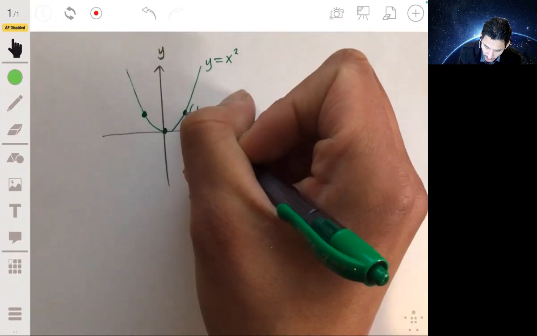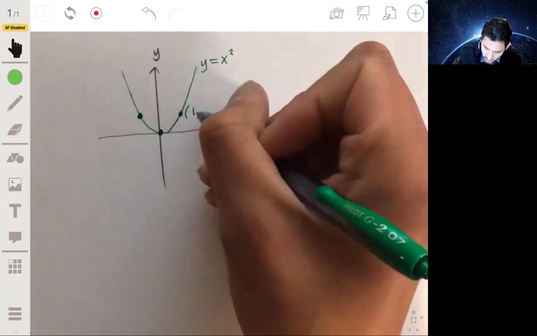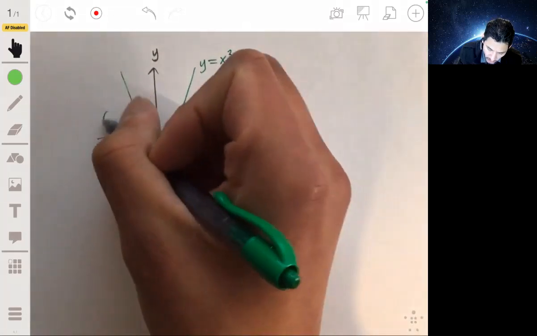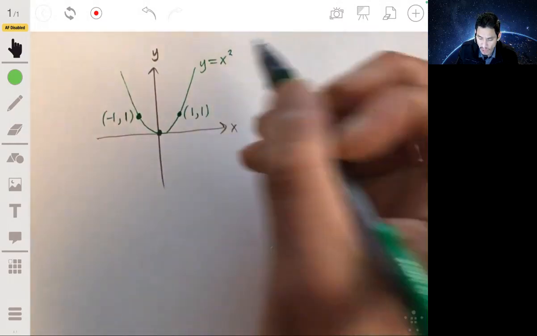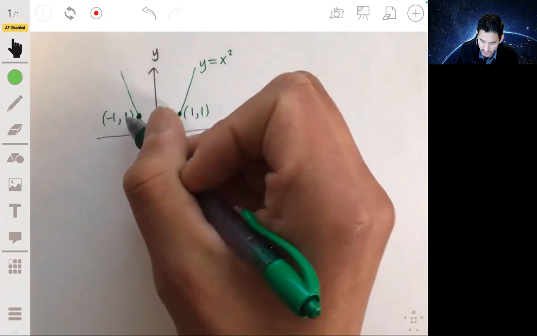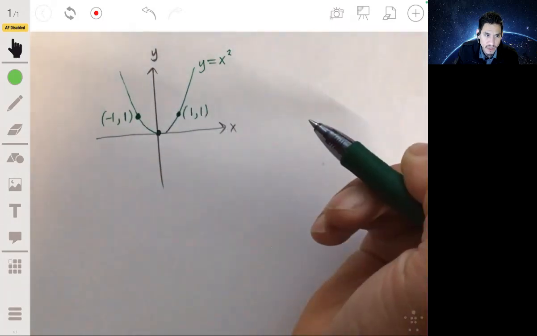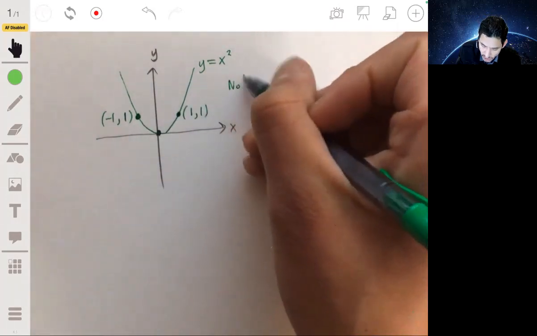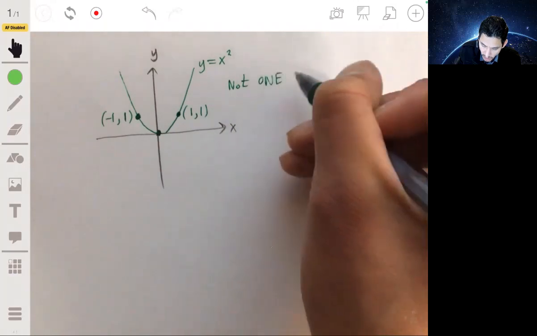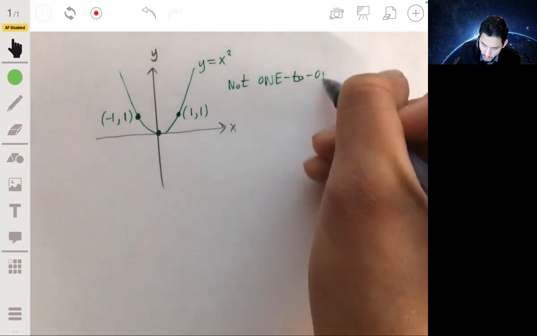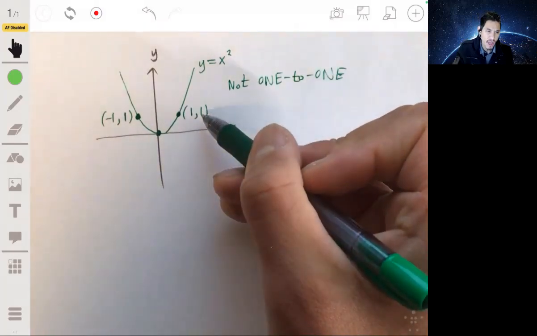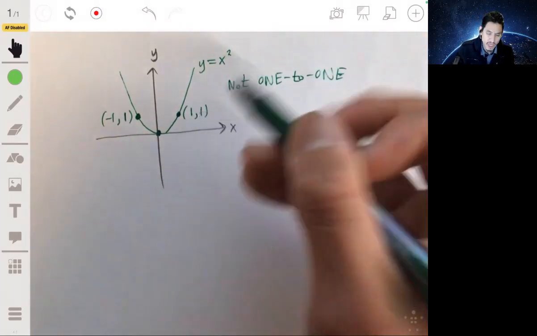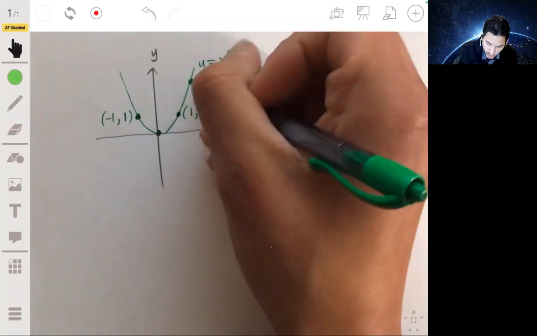On this graph, we have the point (1, 1), but we also have the point (-1, 1). So we have two different x values that give you the same y value, so this is not 1-to-1. There should be only one way to get 1, and only one way to get 4.